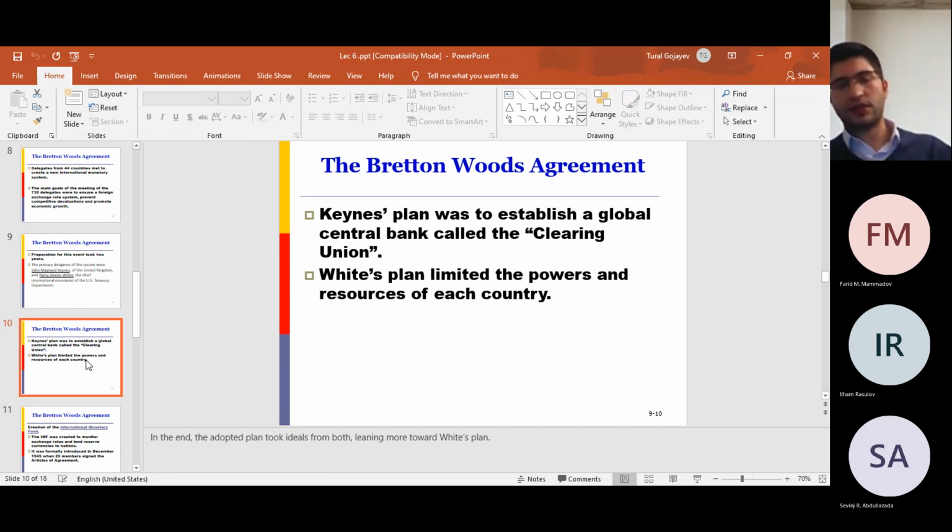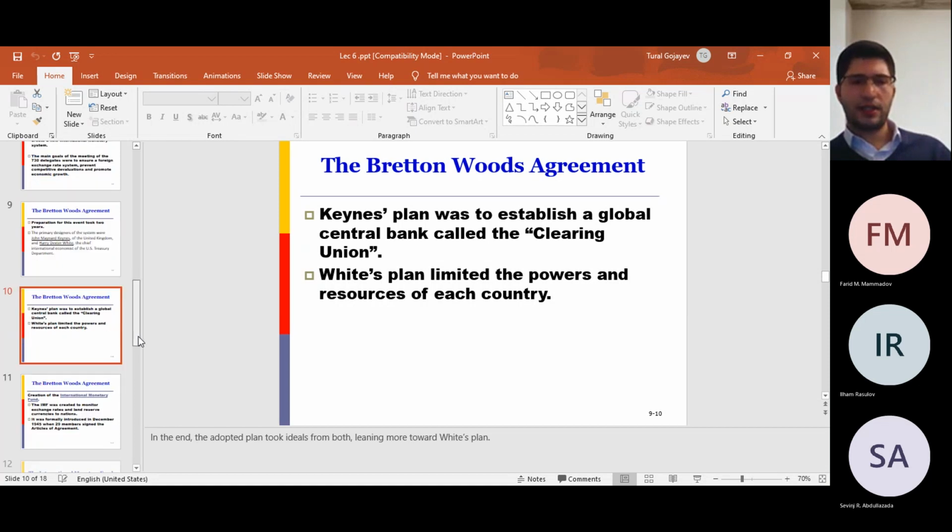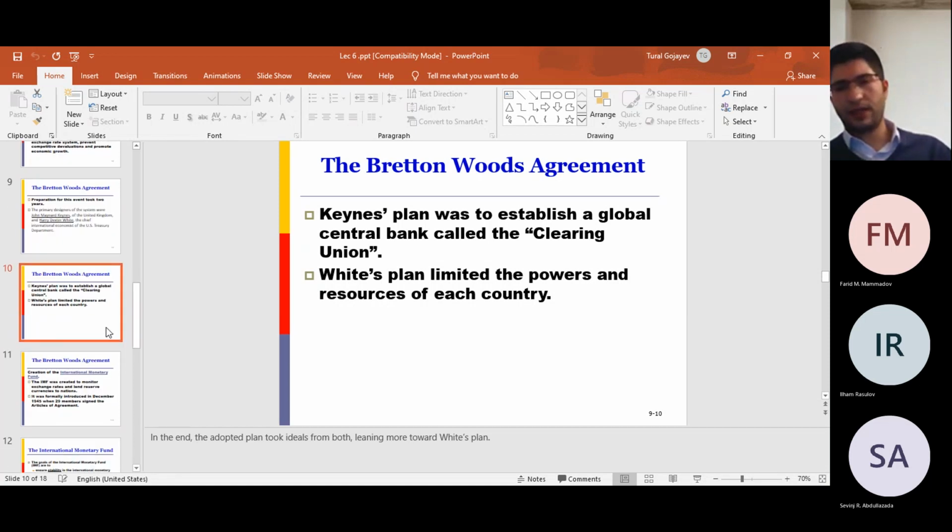It gives loans to the member countries and also technical support. At the same time, it limits the powers and resources of each country. In some aspects, these plans were actually similar.